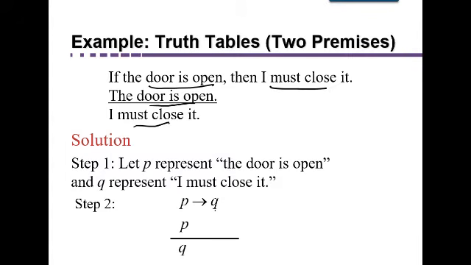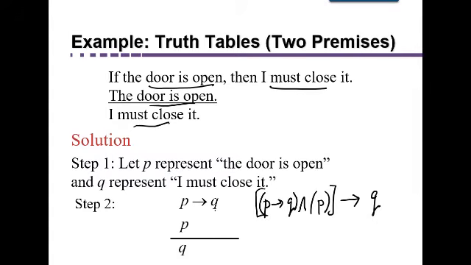Well, that was just statement component P. And then we have the conclusion, I must close it, which was just Q. So if we want to determine if this is a valid argument, then it would have to be the case that if the first premise is true, and, there's the connective and, the second premise is true, then this whole thing would imply the conclusion Q.